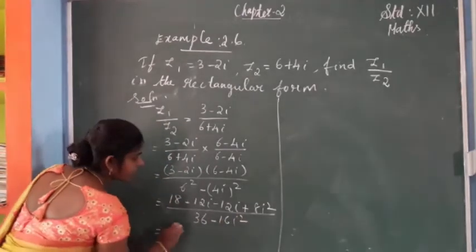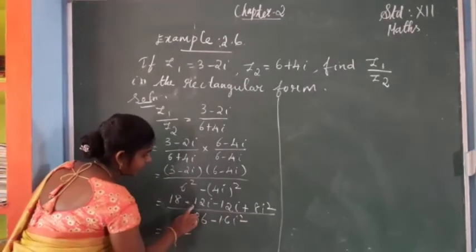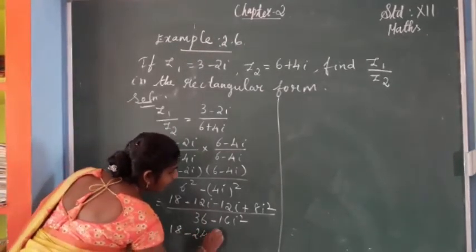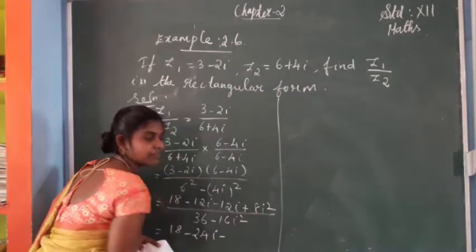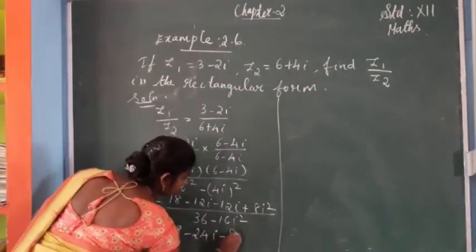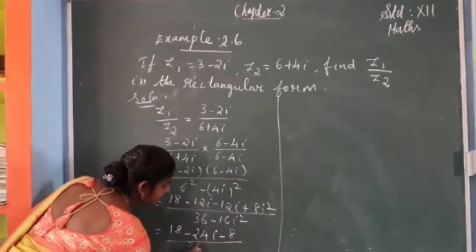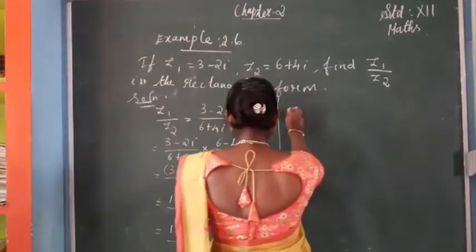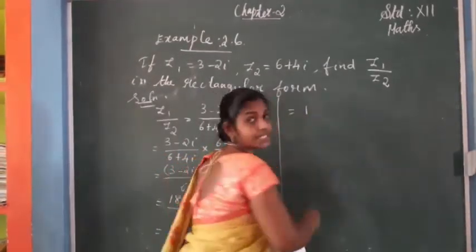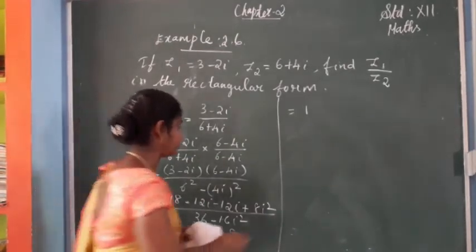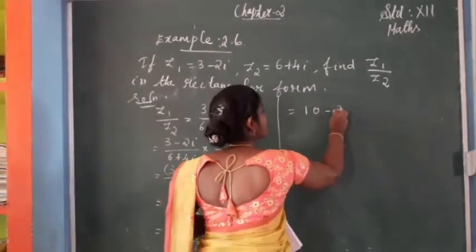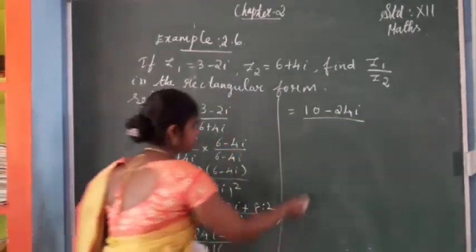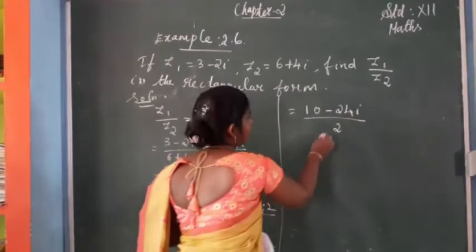That's equal to 18 minus 12i minus 12i, the value is 24i. Here my i square value is minus 1, so minus 1 into 8, divided by 36 minus with minus plus 16. So 18 minus 8, the value is 10, minus 24i divided by 36 plus 16, the value is 52.